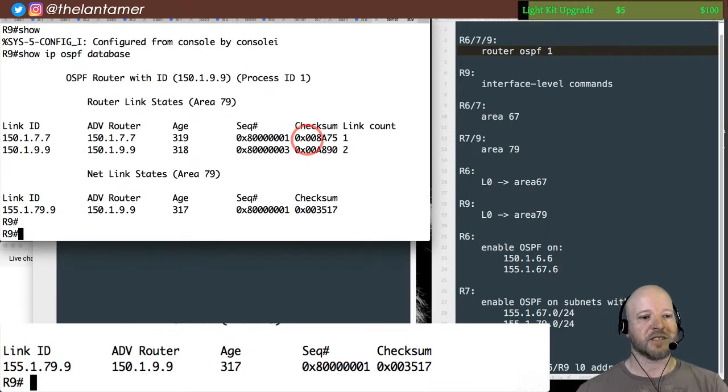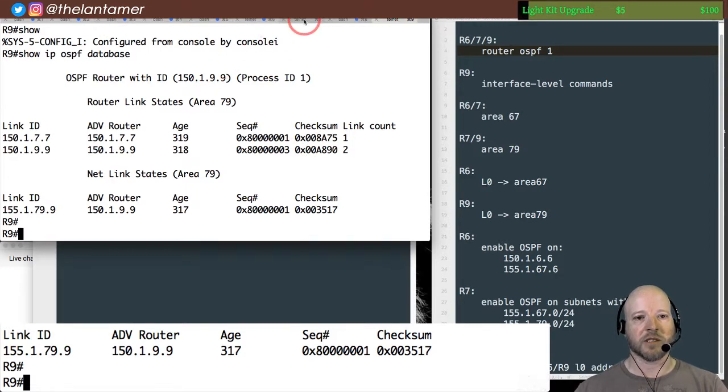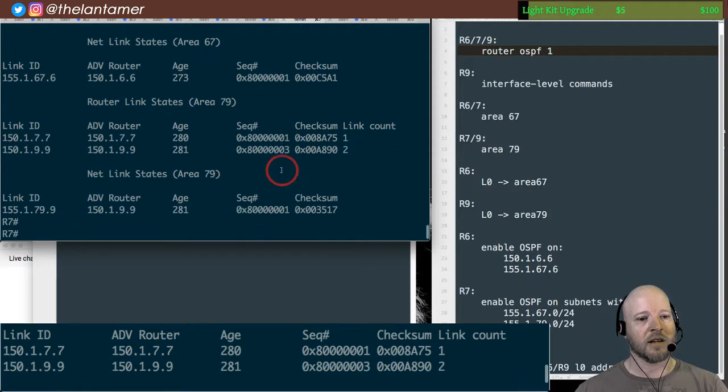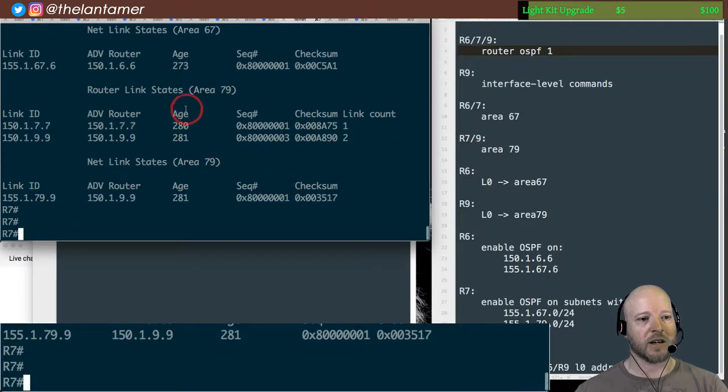They're all going to agree in this area. So if we look at 7 and 9, for area 79, how many LSAs do we have? We have router link states 2, which is what we would expect. And there are 2 links from router 9, which we configured. And then we have one network, one LSA type 2.